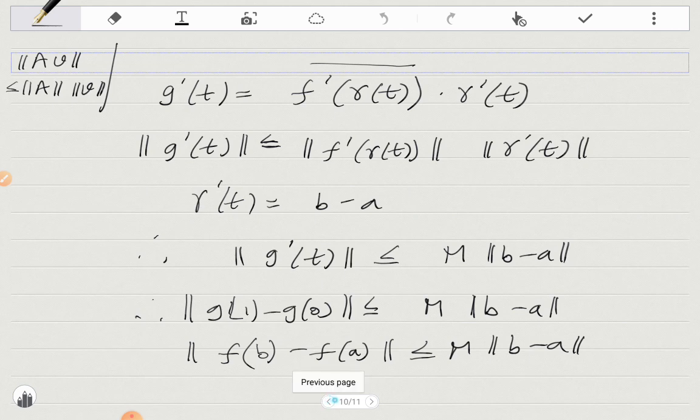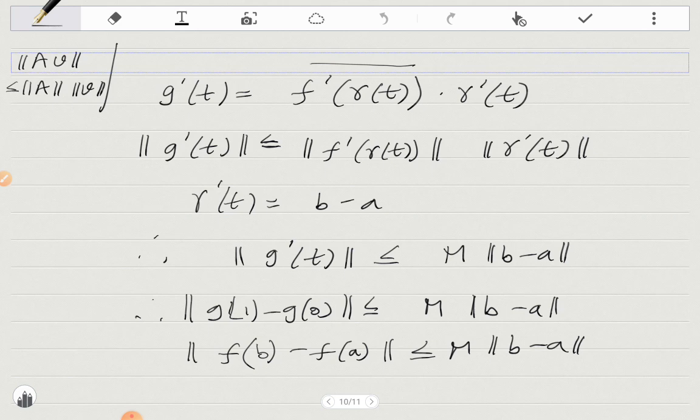So now let's just calculate the derivative of g using the chain rule. I get g prime of t is f prime of gamma t multiplied by gamma prime of t.